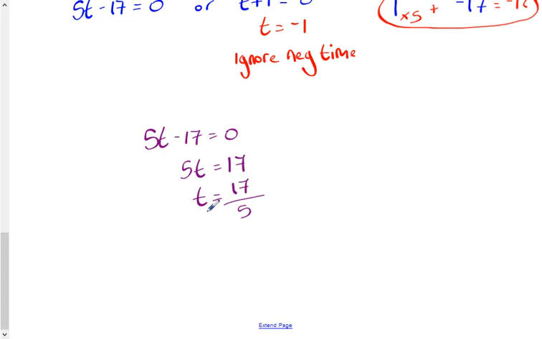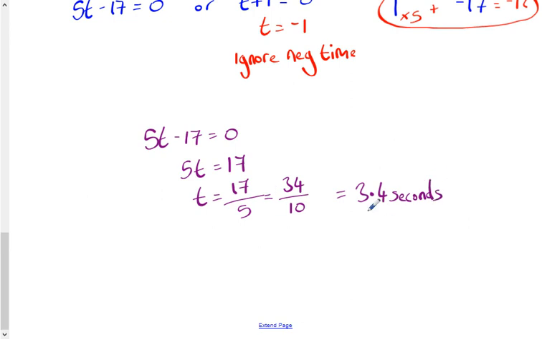And we can leave it like that as that fraction, or we could, 17 over 5 is 34 over 10, which is 3.4. You know, I'll write in how I did that there, just so you've got it. So that's 34 over 10, just doubling both, giving us 3.4 seconds.